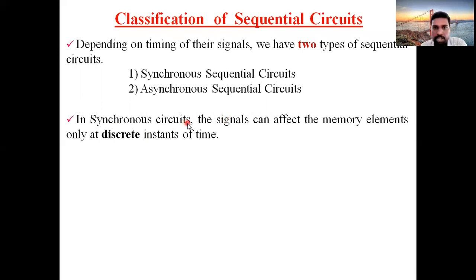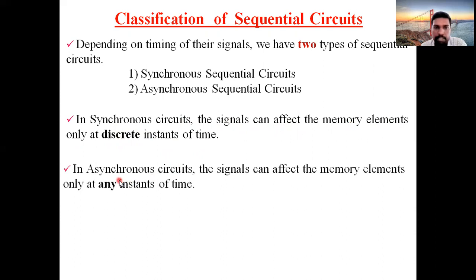In synchronous circuits, the signals can affect the memory elements only at discrete instants of time, whereas in asynchronous circuits, the signals can affect the memory elements at any instant of time. Only a single difference here. If the signals are affecting at a discrete instant of time, it is called synchronous. Any instant of time, it is called asynchronous.